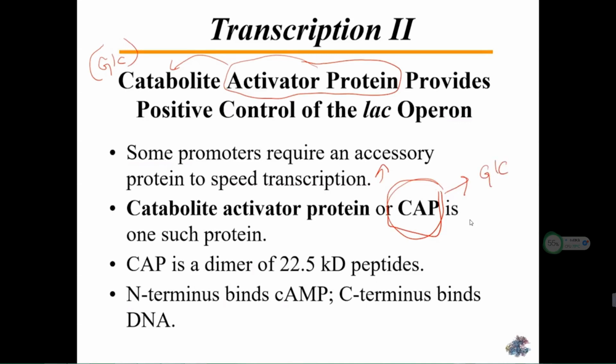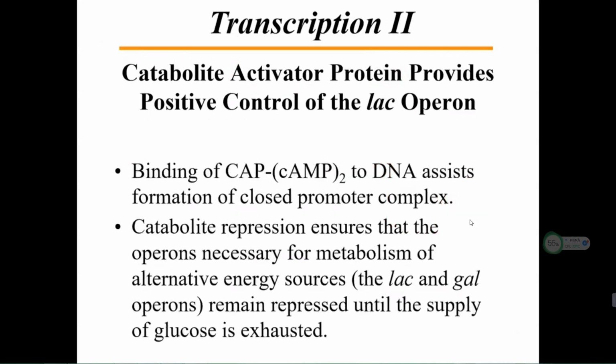Okay, so how does it provide the positive control of the lac operon? Well, essentially the CAP, when it binds to cyclic AMP, will assist the DNA. Well, when it binds to the DNA, it will assist the formation of the closed promoter complex so that we can start transcription. So it increases the likelihood that transcription will occur.